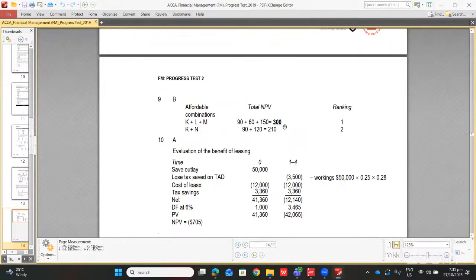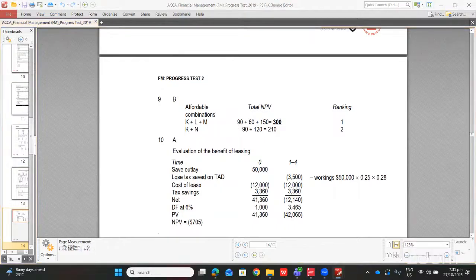You can't spend any more money. You can invest in K and N as well, and then you have no more money, because K is 30, N is 60, that's 90, and you can't invest in anything else. But that will give you 210. So the best combination will be K, L, and M, giving you an NPV of 300,000. So the answer to question 9 is B, as in boy. That would be the solution to that one.